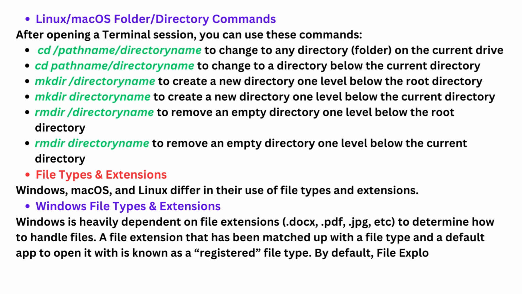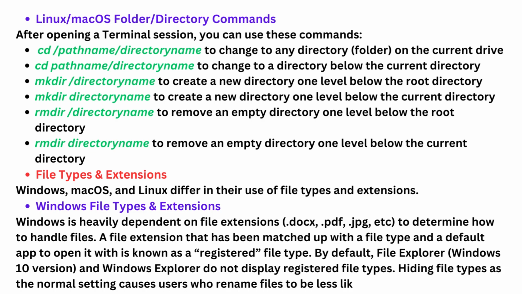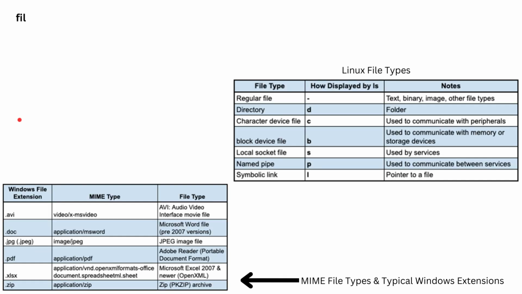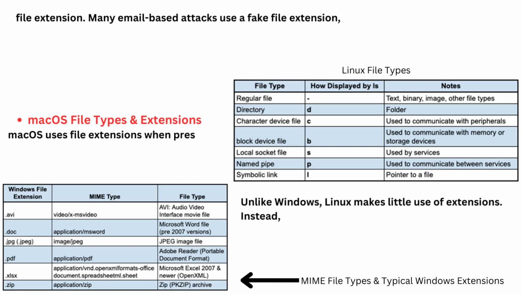By default, File Explorer, Windows 10 version, and Windows Explorer do not display registered file types. Hiding file types as the normal setting causes users who rename files to be less likely to delete or change a file extension. Many email-based attacks use a fake file extension, such as something.txt.exe, to try to compromise a system.